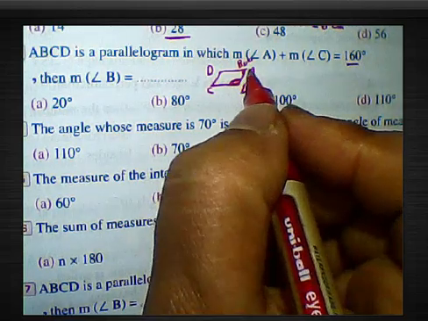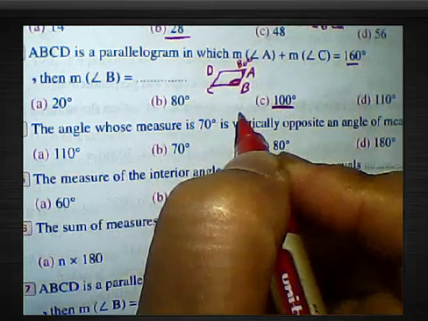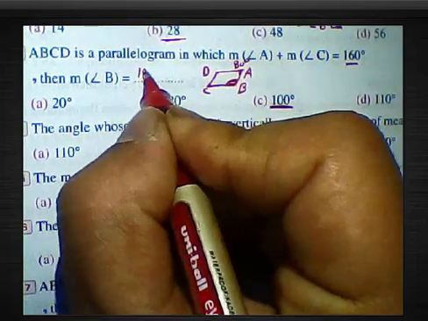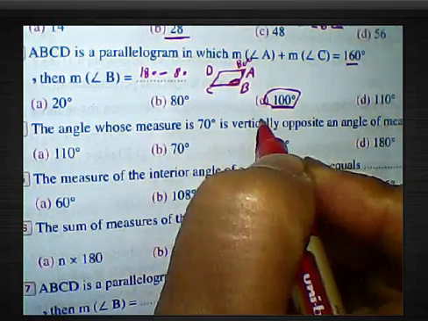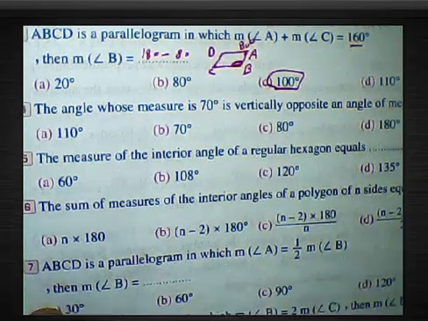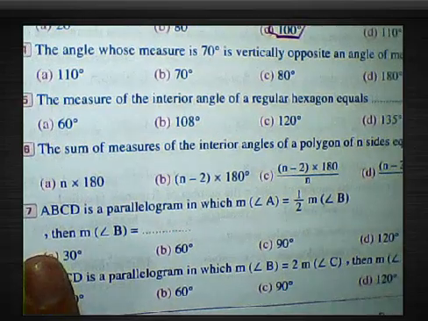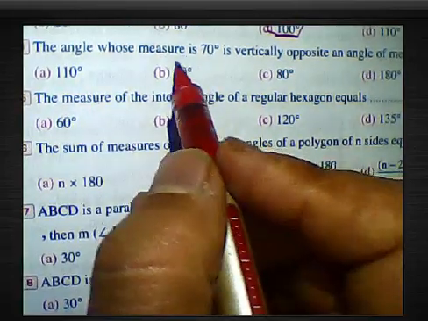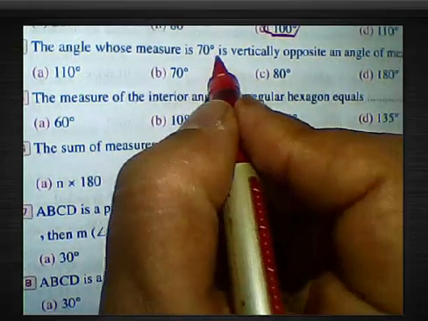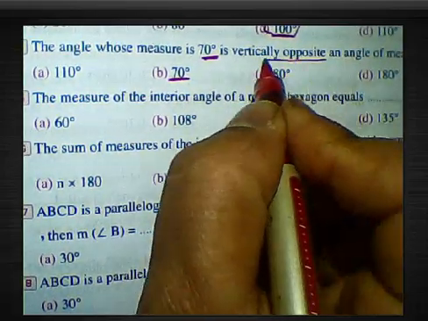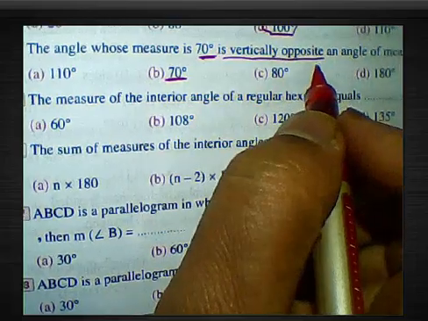Supplementary here will be 100 degree, because 180 subtract 80 equals 100. Understood? Okay. Question number 4. The angle whose measure is 70 degree, its vertically opposite angle measure equals what? Vertically opposite angle equals 70 degree.